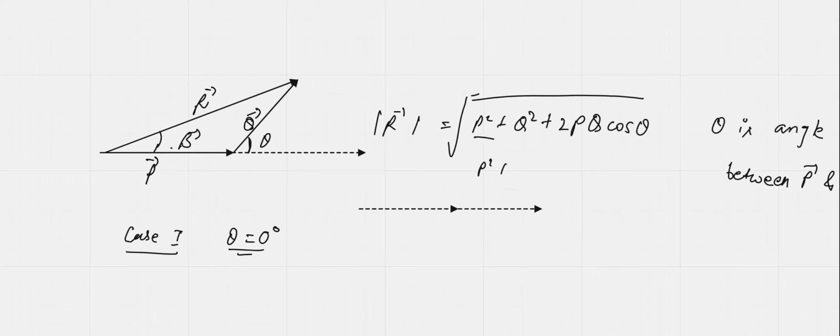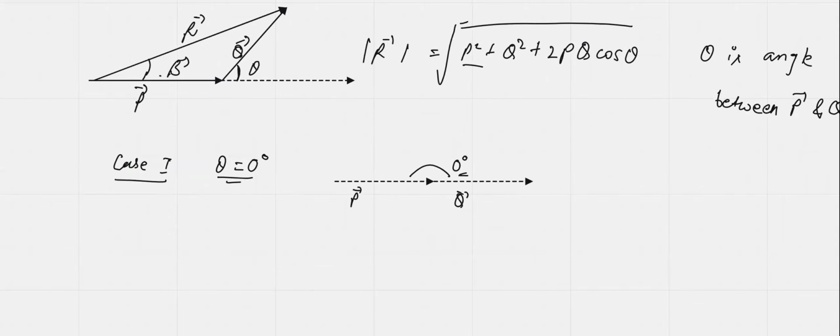Let's write it here. P here, Q here, 0 degrees.